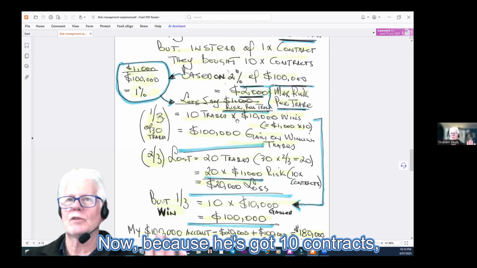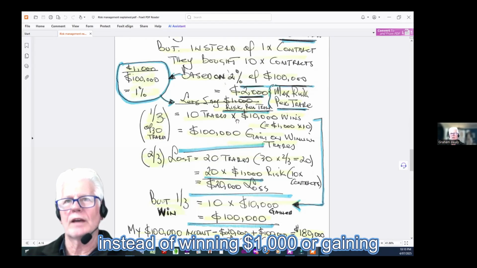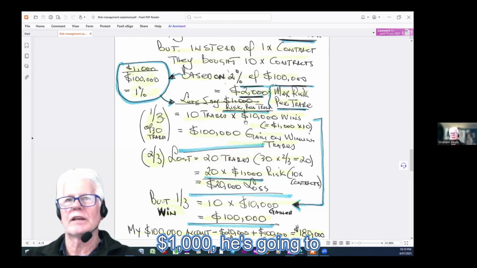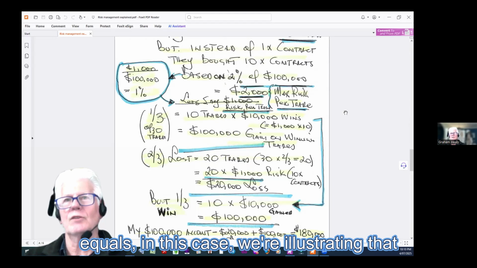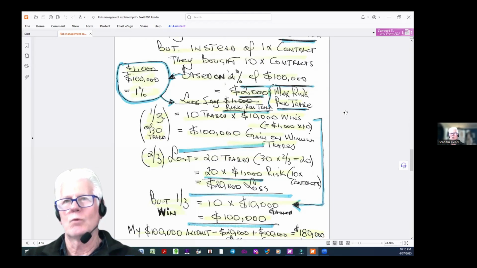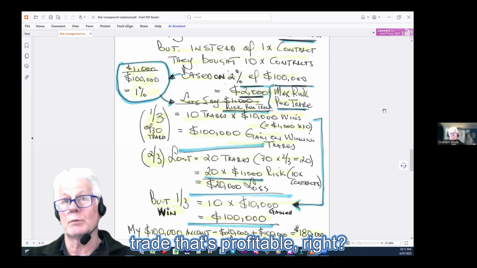Now, because he's got 10 contracts, instead of winning $1,000 or gaining 1,000, he's going to get $10,000, because one contract equals, in this case, we're illustrating that one contract is winning $1,000 in a trade that's profitable, right?